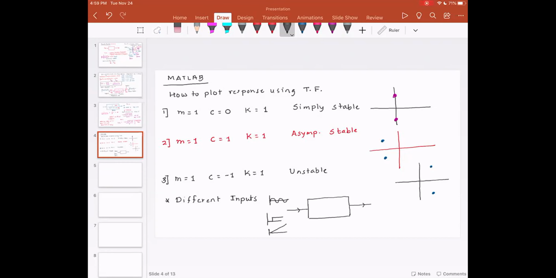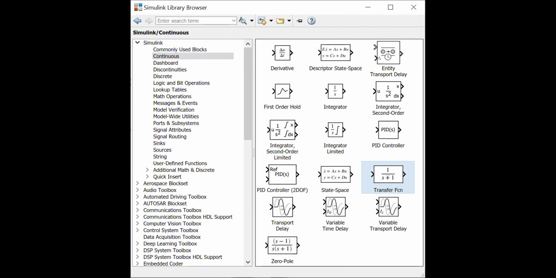In the library browser, you can go to continuous, commonly used blocks, continuous, and you will see something called transfer function. Drag and drop this transfer function block onto your canvas.